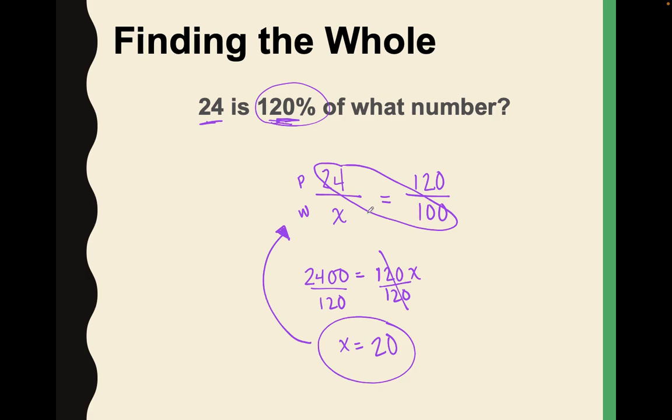If you got an answer for x in this case that was bigger than 24, then that probably means that you had the problem set up wrong with the x on top and the 24 on the bottom. So in this case, the 24 represents 120%, which is why it has to go on top, because it says 24 is 120% of something else.